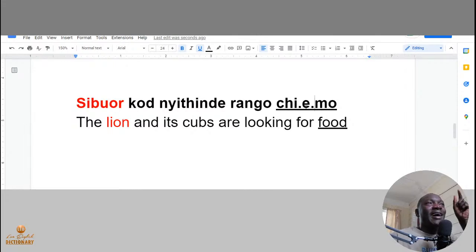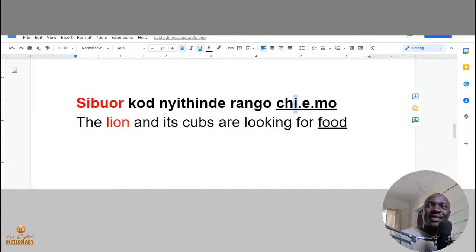Chi-e-mo. Now, I was saying, you see this E here? This E is very difficult to decipher in Luo because most English words say E, not E. Then in Luo we say E. And you see, this is a word that says chi of I. So the chi e mo is usually very difficult to comprehend because what we consider E is the I in the English language.